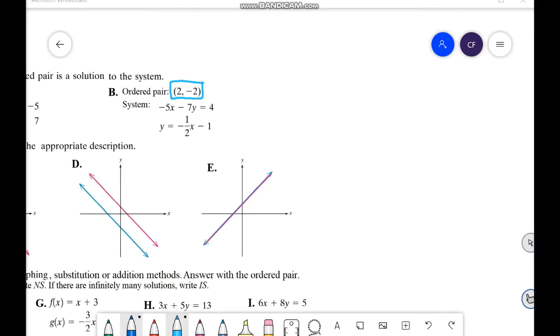To find out if this ordered pair is a solution, you have to plug it into each equation. It has to produce a true statement. Let's check. Plug in x equals 2.